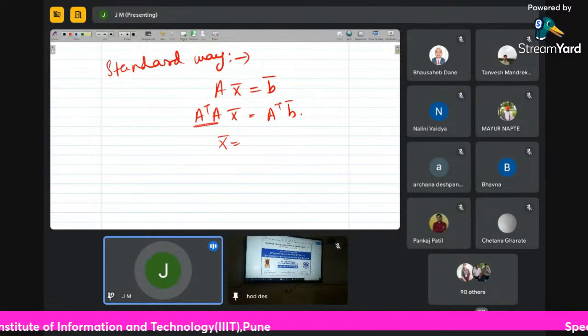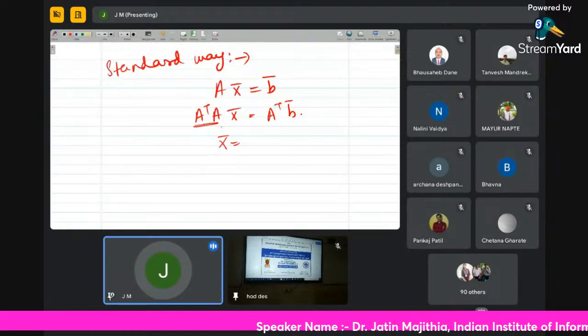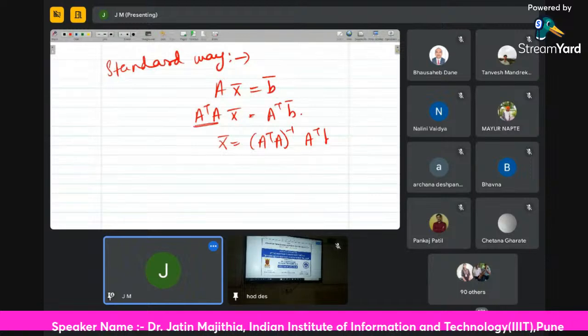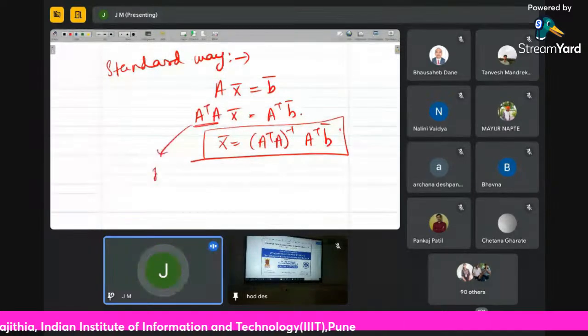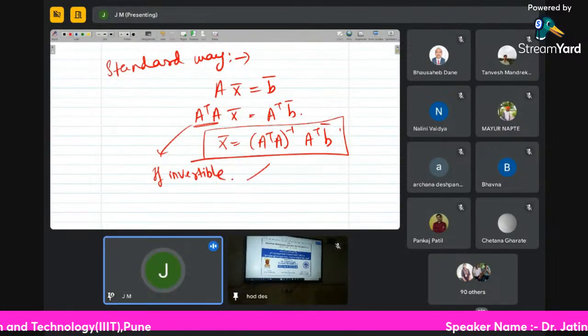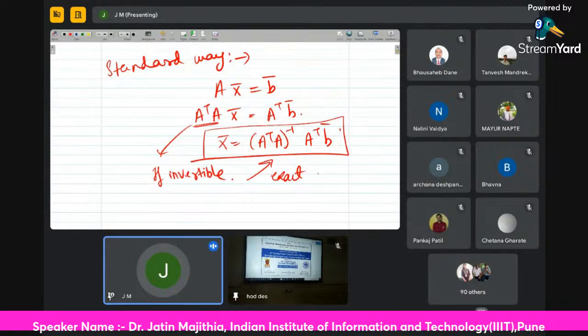Always keep this in mind: always multiply with the transpose, it becomes a square matrix. And if this is invertible, this is the solution to your problem. If it is invertible, then this is the exact solution, no need to find an approximation.